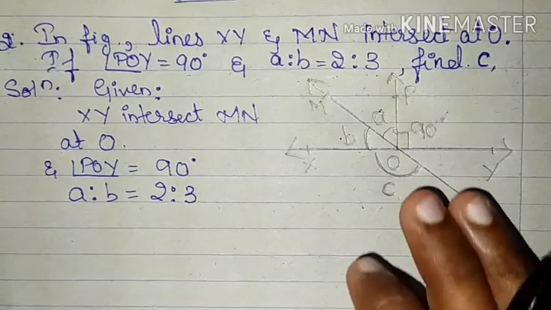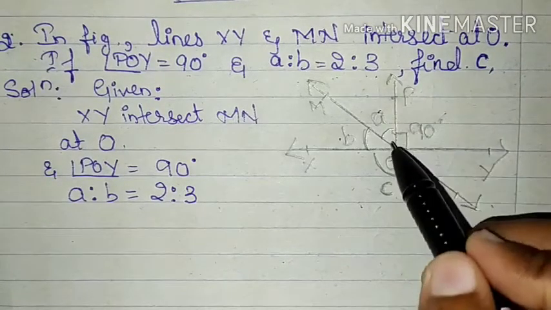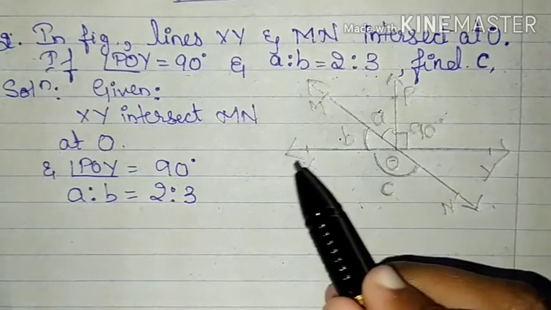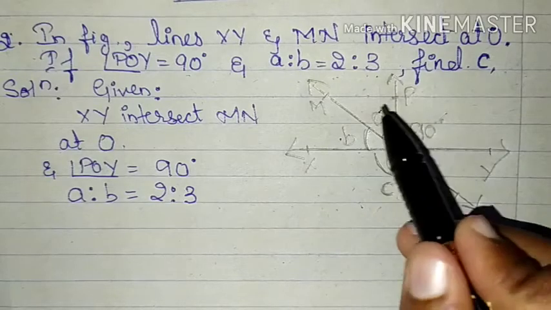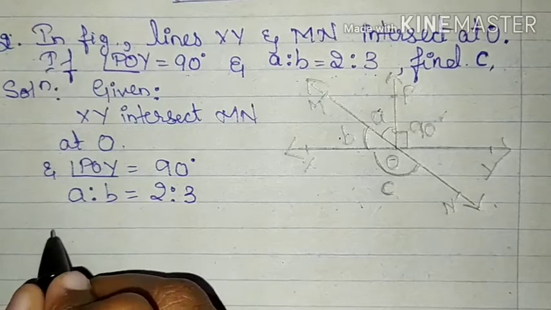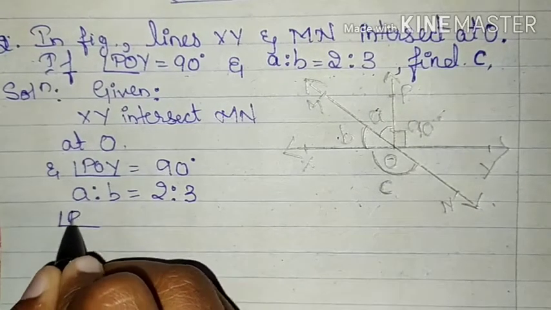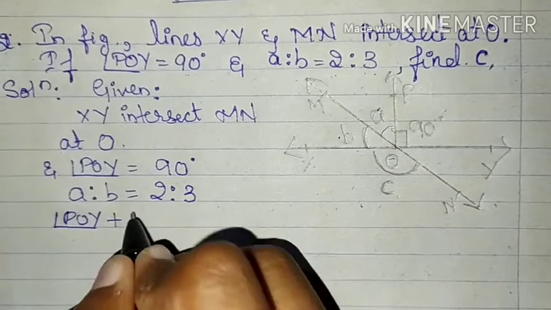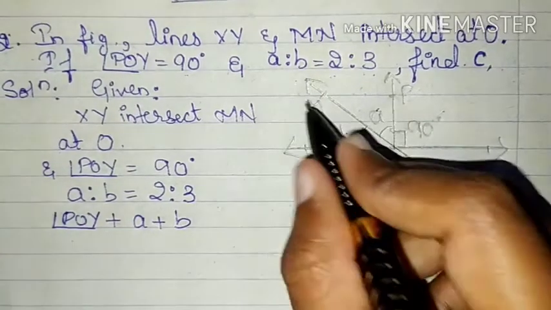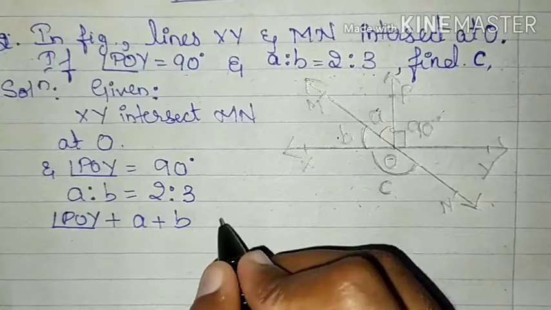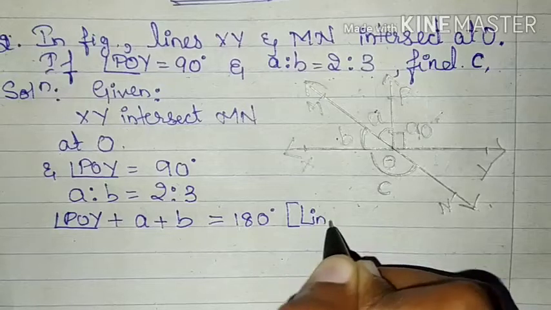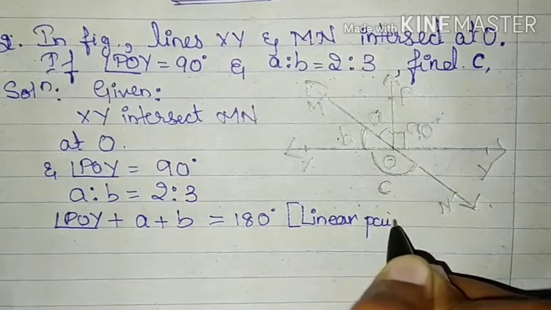To find angle C, first look at rays OP and OM. Rays OP and OM stand on the line XY, so they form a linear pair here. So in our solution, first let us write angle POY plus A plus B, A and B are the angles POM and MOX, is equal to 180 degrees because they are a linear pair.